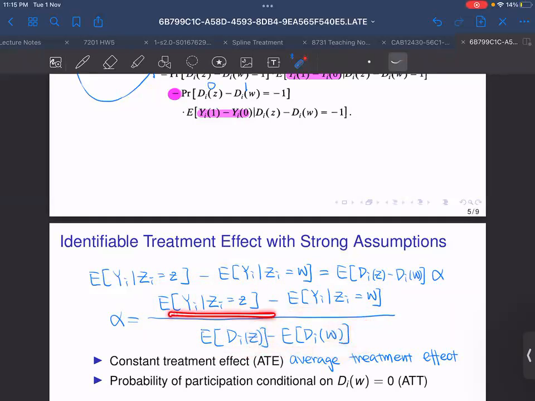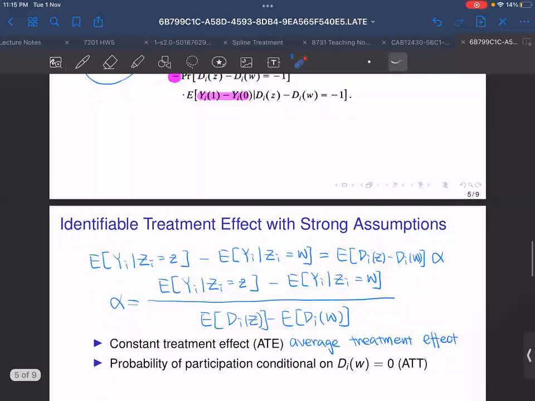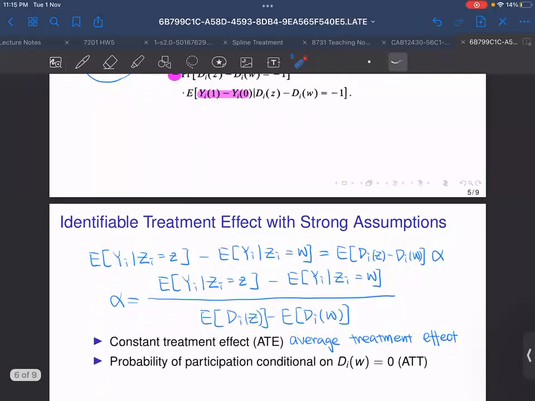So all these numbers, we can find their sample analogs pretty easily, so we will be able to estimate the constant treatment effect. And since we assume the treatment effect is the same for every single individual, we can compute alpha for every single one. However, this is obviously not reasonable.